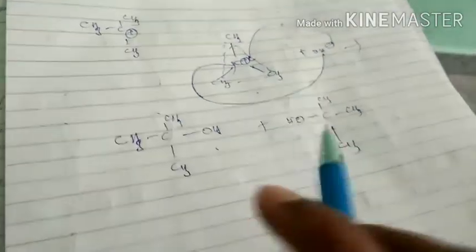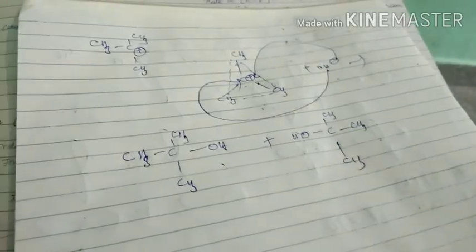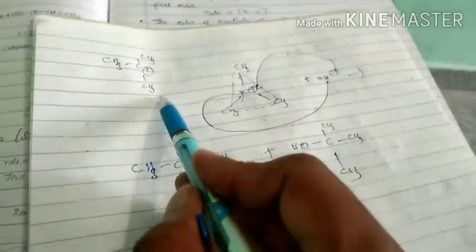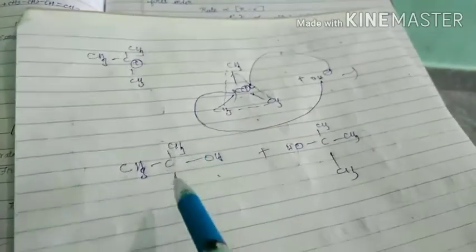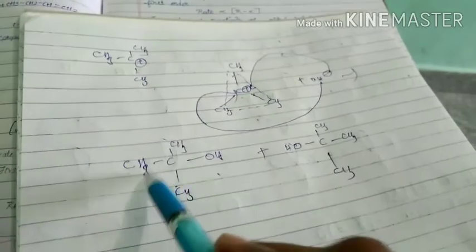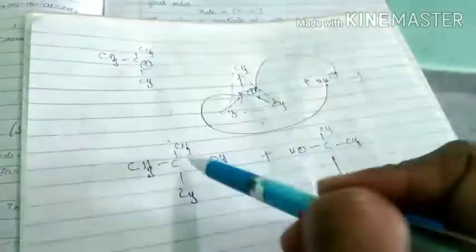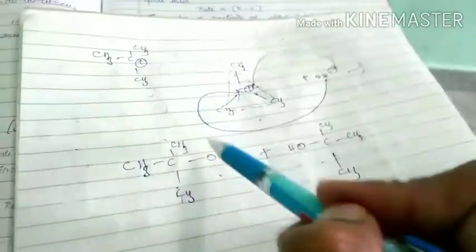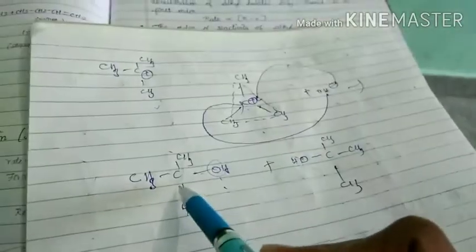That means there is a chance of formation of two possible products. These two are formed from this one. When you see this structure, it is somehow similar to this one, because here CH3 is present on the left side, here also CH3 is present on the left side, here two CH3 are present on the upper and lower right side. OH is attacking. That is why it is present on the right side. So what is our point?